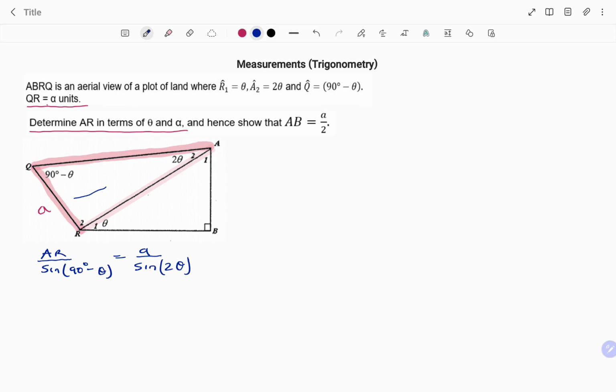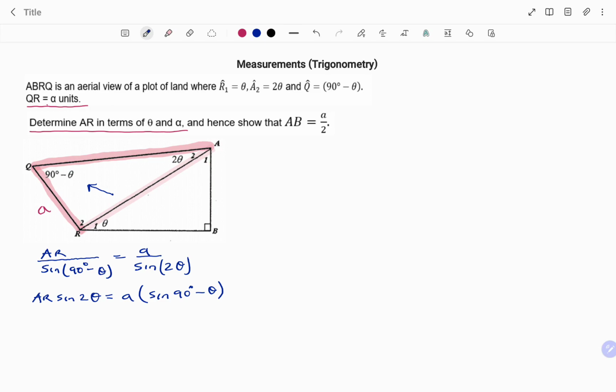You can see the angle facing a is 2 theta, and the angle facing your line AR is 90 minus theta. If we cross multiply, we have AR multiplying sine 2 theta equals a multiplying sine 90 degrees minus theta.